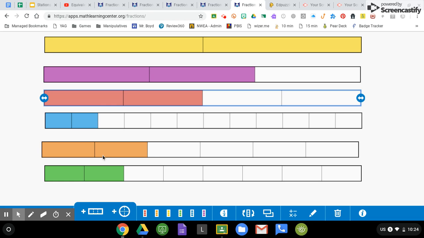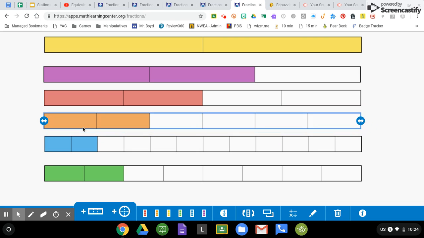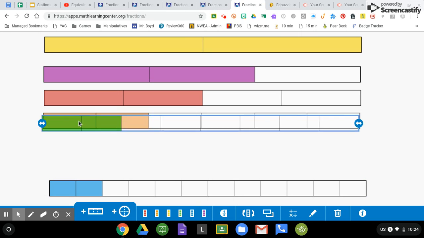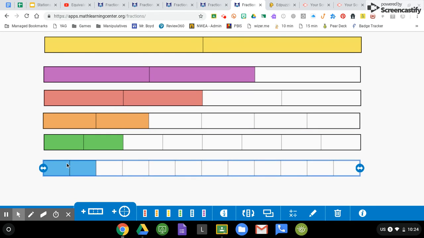Then next comes the orange. And then, yeah, blue's still smaller than green, so it's gotta be last. Green's gotta come next. As you can see clearly, these are in order now, from largest to smallest, greatest to least.